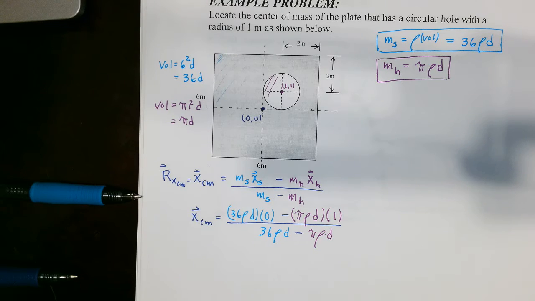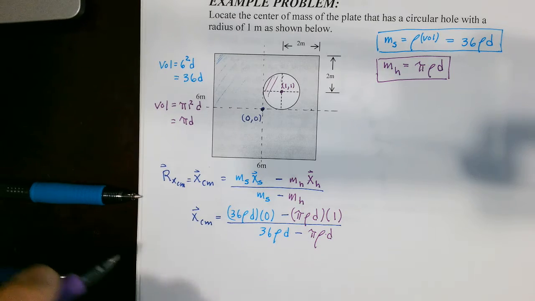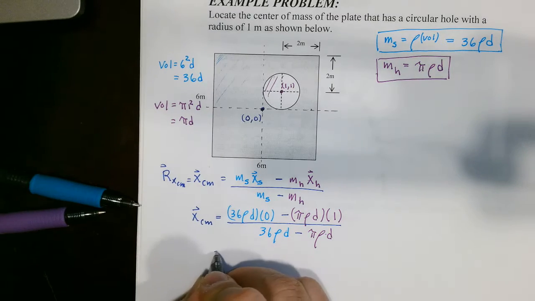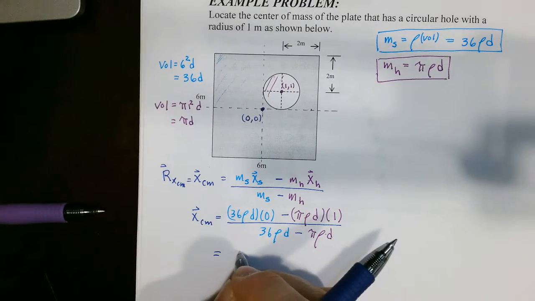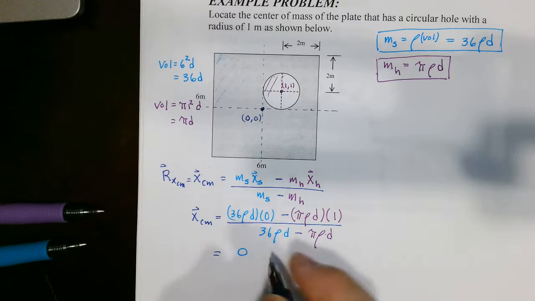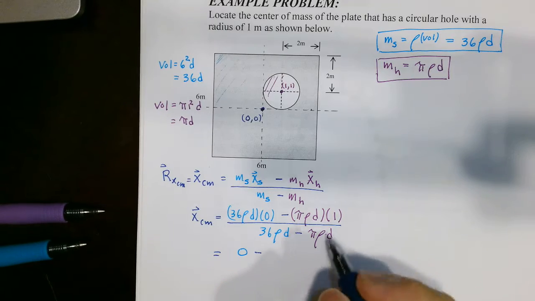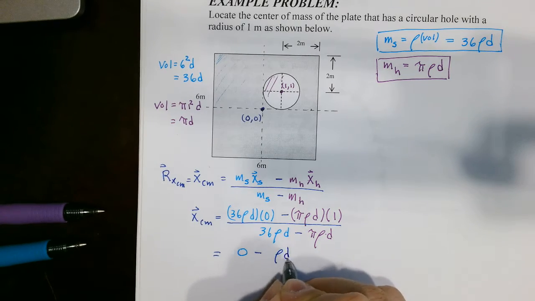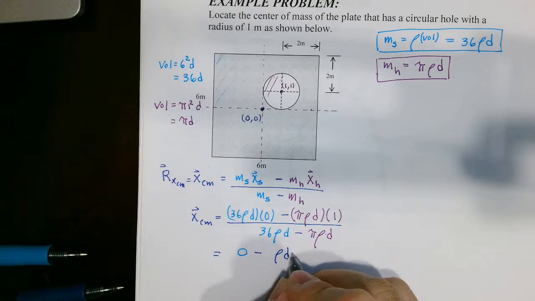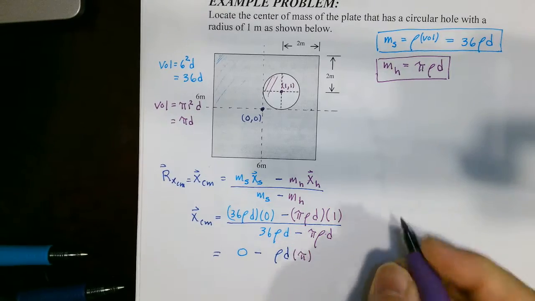So it looks like I could factor out rho d, right? So if I factor that out, this looks like 0 minus rho d, and then I get pi left over at the top. Right?